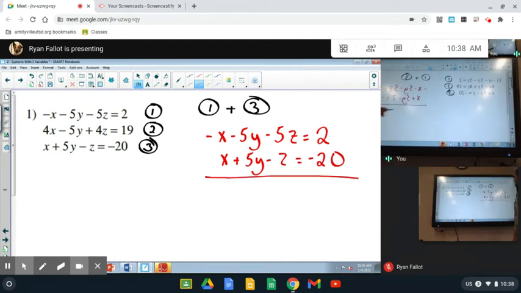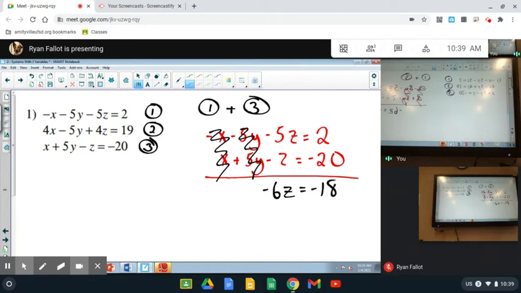You just add straight up and down, just like old school adding. Negative x plus an x goes away. We have no x's left. We didn't see that was going to happen, so that's a really good thing. Negative 5y plus 5y cancel. So we have 0x, 0y, so we don't write those, and then a negative 6z is equal to negative 18.